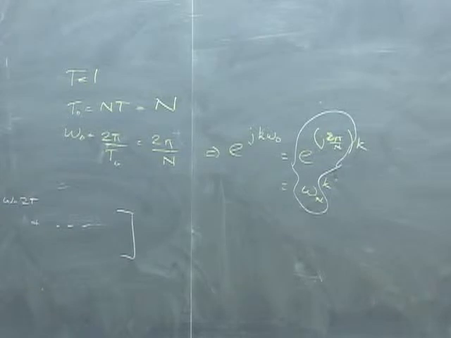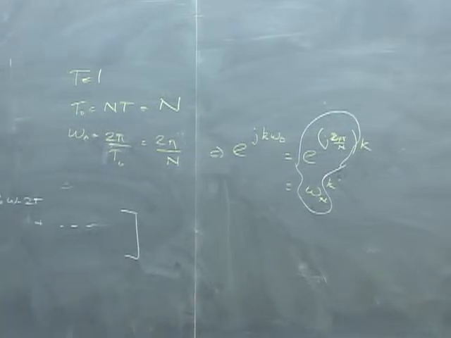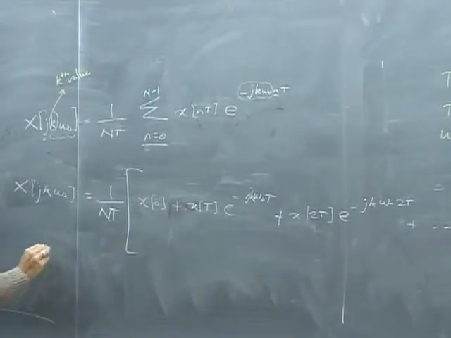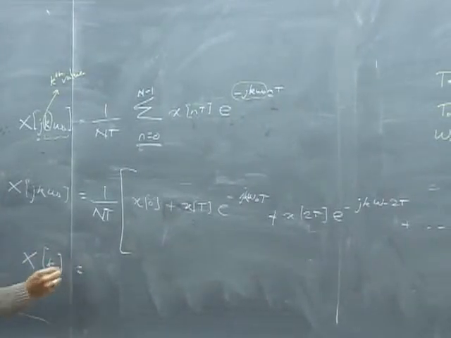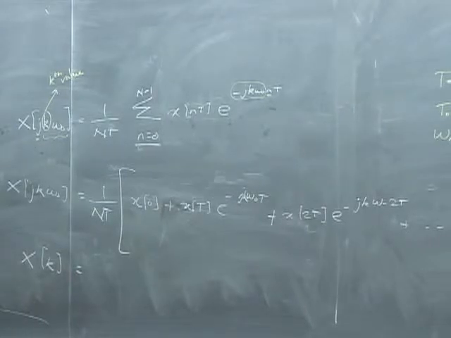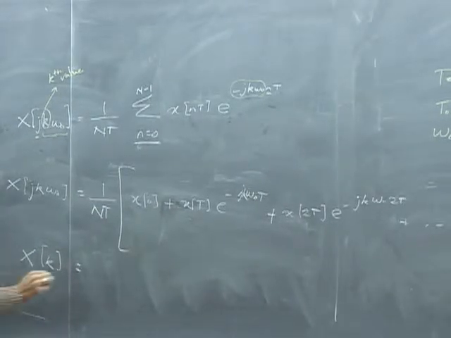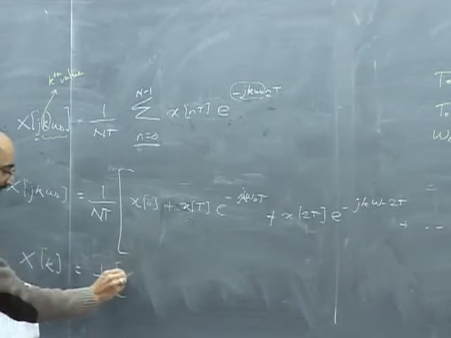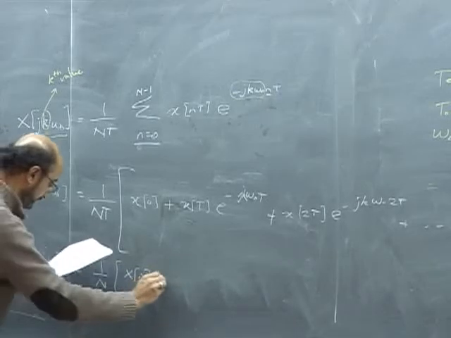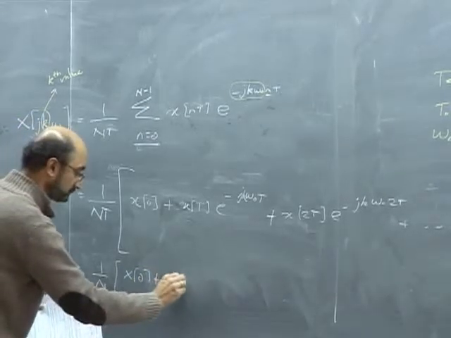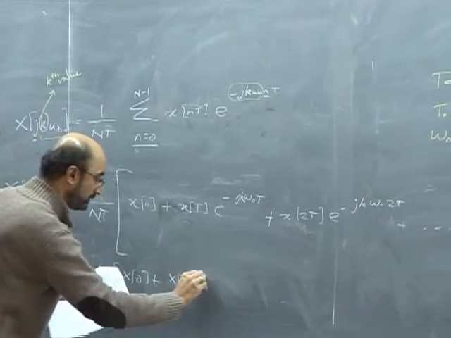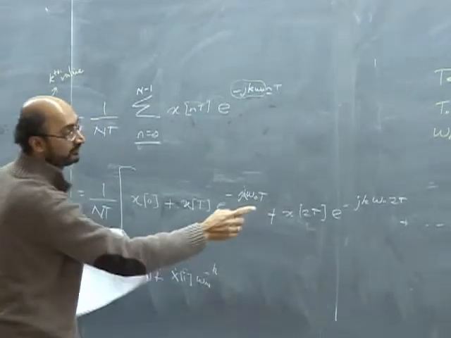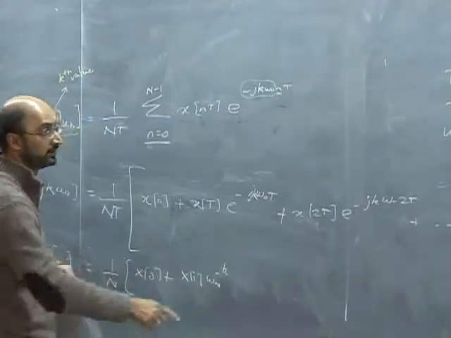If we do that, then this mess over here becomes much easier to understand. We'll say that X k, and in the text there's a mistake, so I corrected that. It's not X n, it's X k, is going to be given by 1 over N because T disappears. It's just going to be x0 plus x1 omega N to the minus k, because the j omega naught T, all of those go away, right?